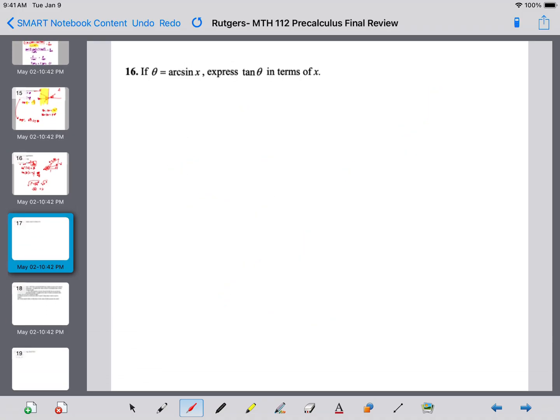For question 16, if theta equals arcsine of x, express tangent theta in terms of x. So, what that's telling you is sine of theta equals x.